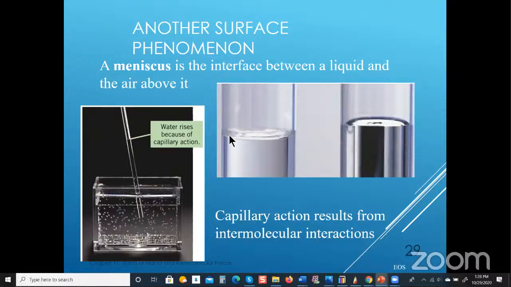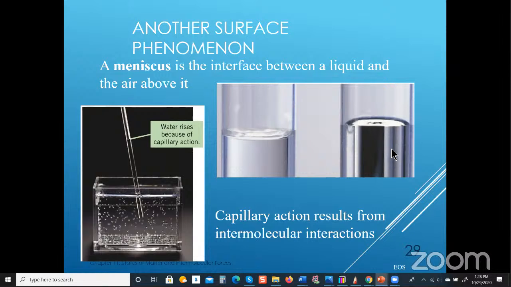So basically what will happen is that there's going to be a stronger attraction for the water molecules for the glass surface. And therefore, as a result, there'll be a pulling up of the water along the surface here. And as a result, you have a U-shaped meniscus at the surface of the water, right? So the adhesive forces here will be greater than the cohesive forces below the surface, and therefore the U-shaped meniscus will be the result.